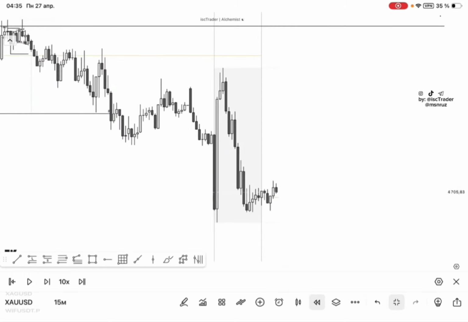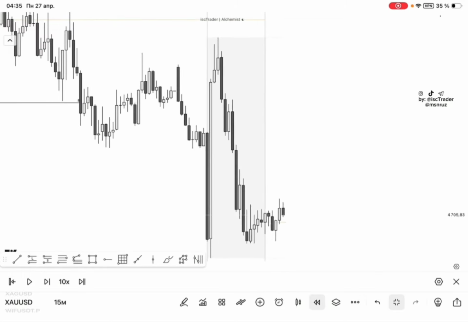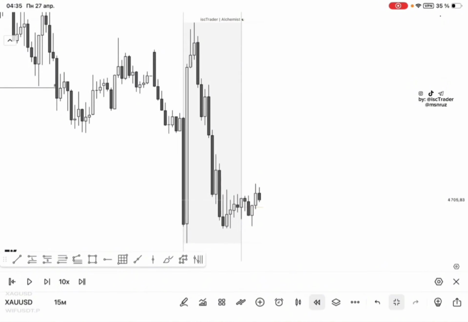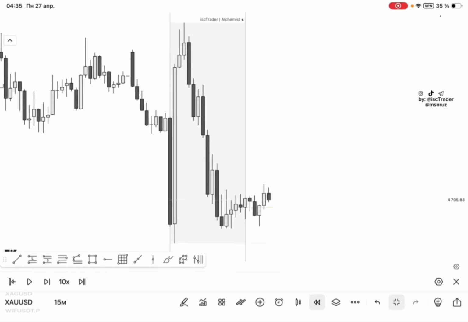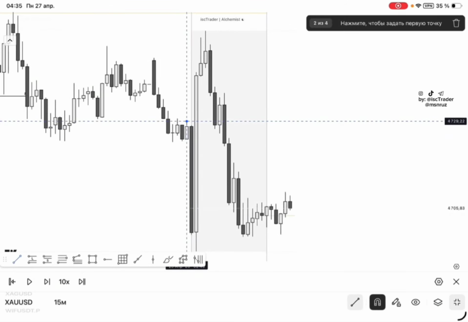Was there a breakout here or not? I can't understand. Was this a very impulsive move? I think there was a breakout here.